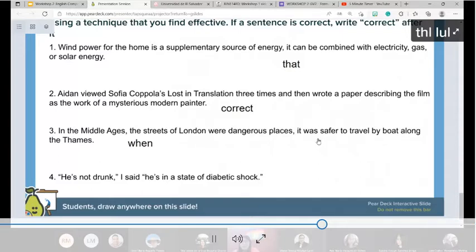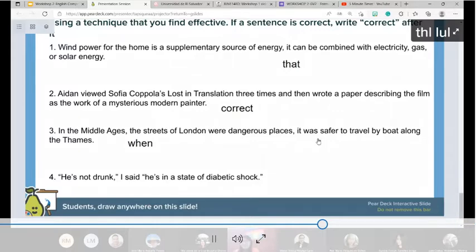I said he is in a state of diabetic shock.